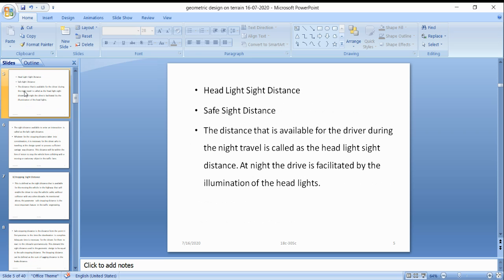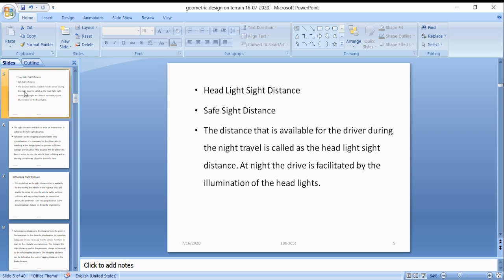In addition to this, there are headlight sight distance and safe sight distance.